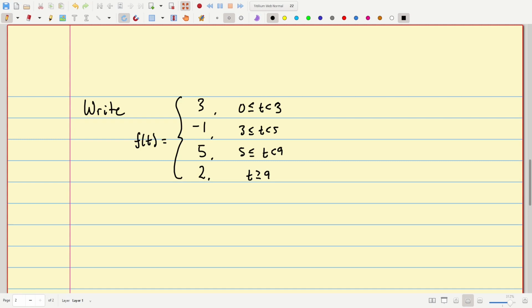And what we want to do is make sure that we understand what this looks like, and also to be able to write it in terms of Heaviside functions. So we want to be able to make this expression.